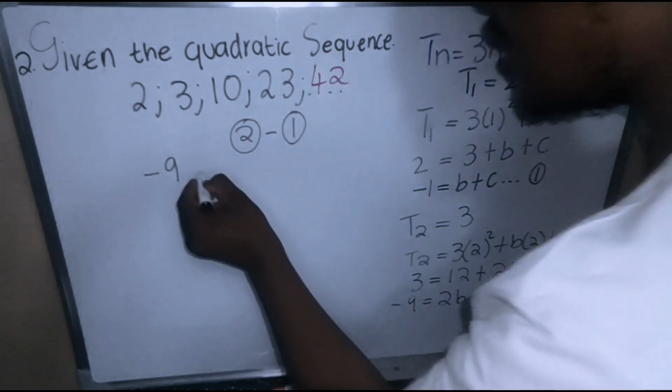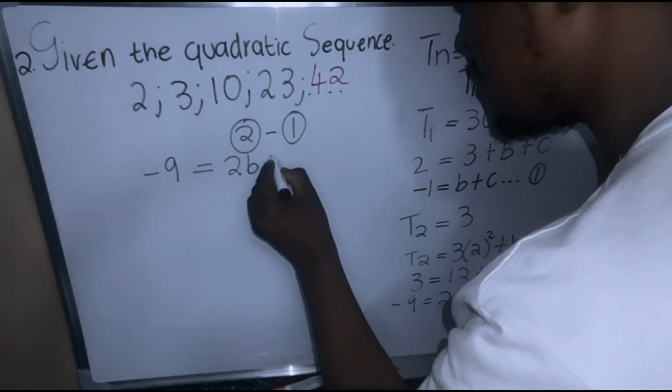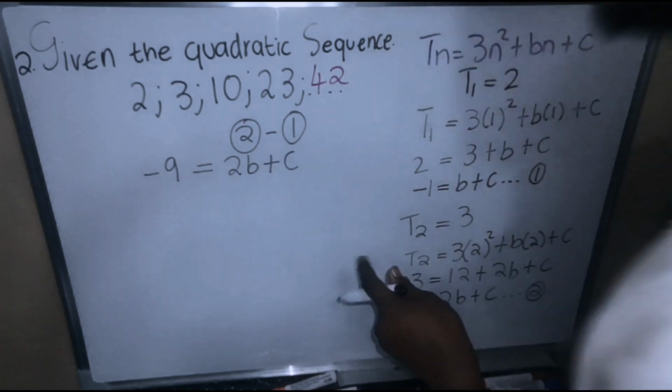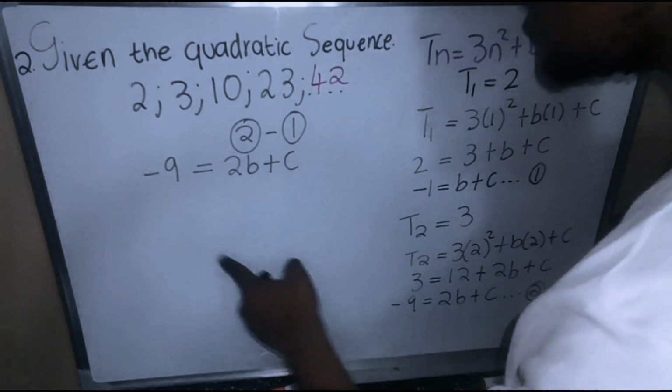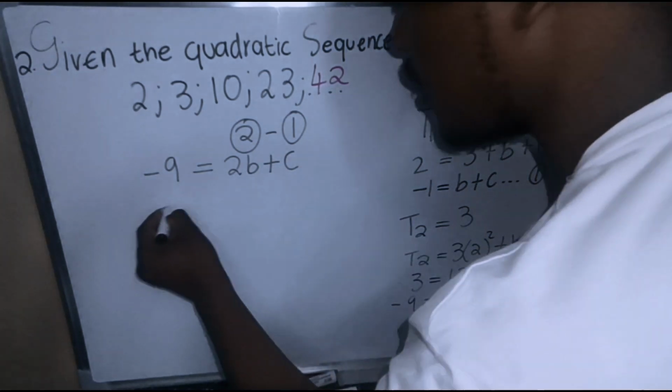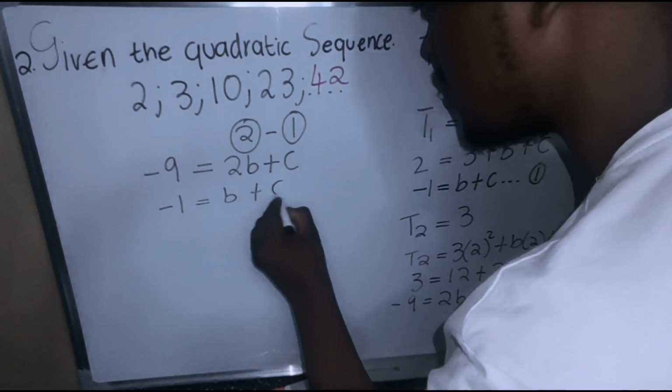Negative 9 equal to 2b plus c, minus equation number 1 at the bottom, which is negative 1 equal to b plus c.